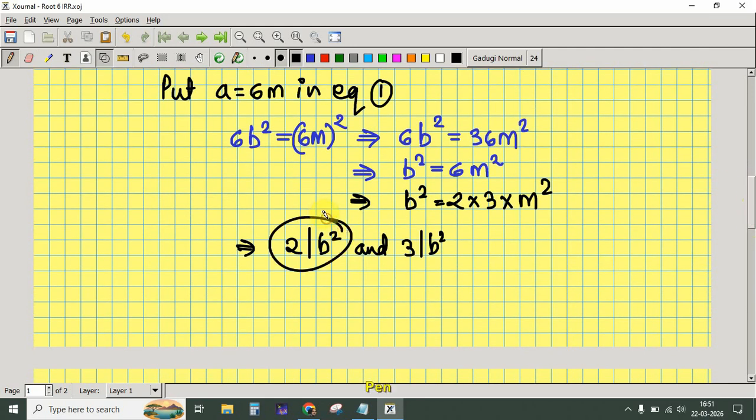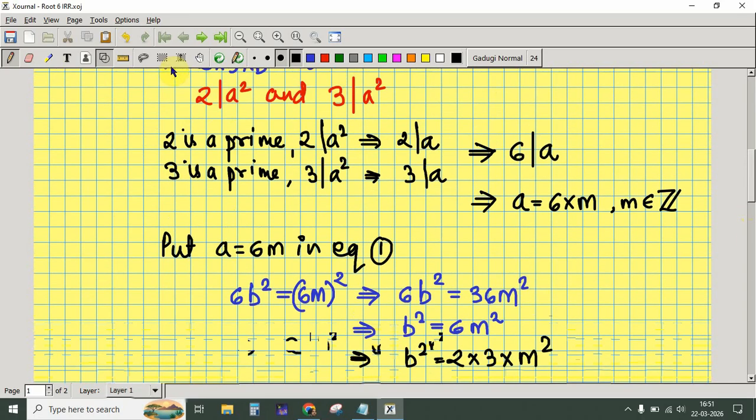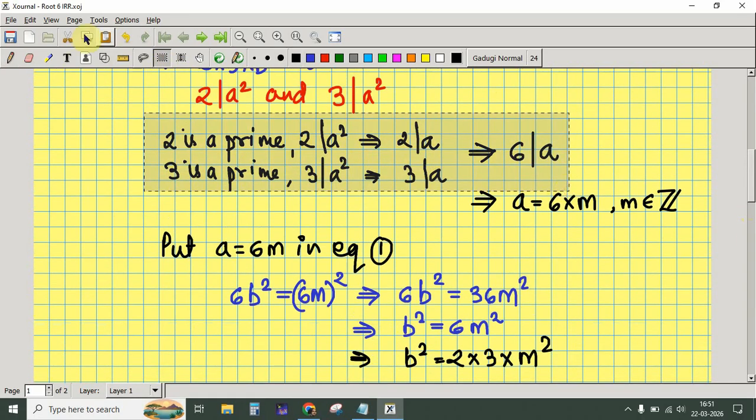So again I have two possible outcomes coming from this equation.